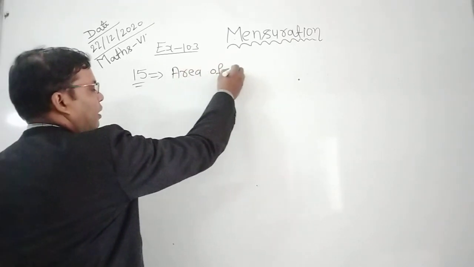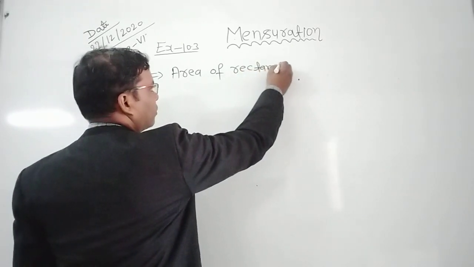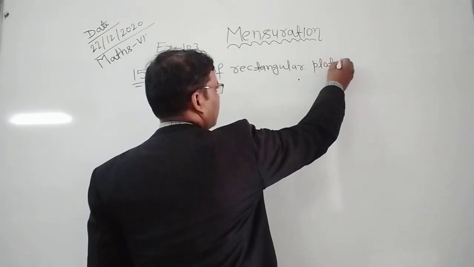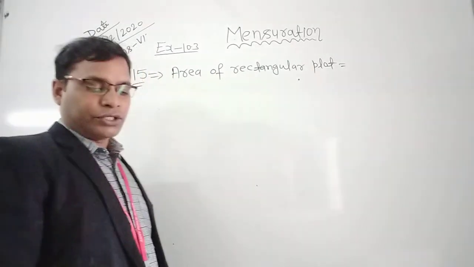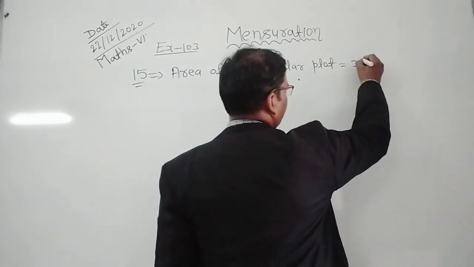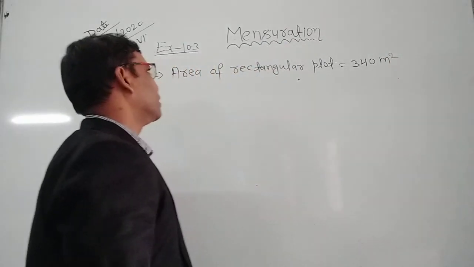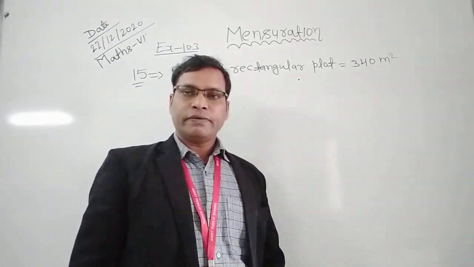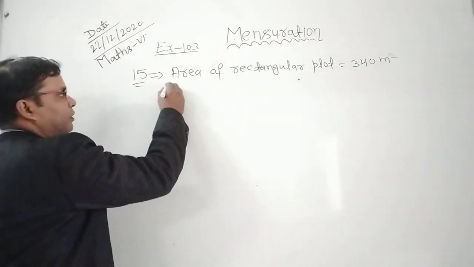Area of a rectangular plot is equal to 340 meters square, this is given, and also the breadth of the rectangular plot is given here.